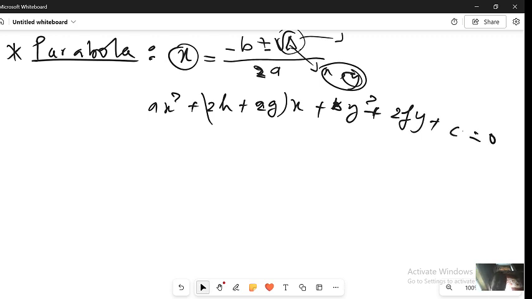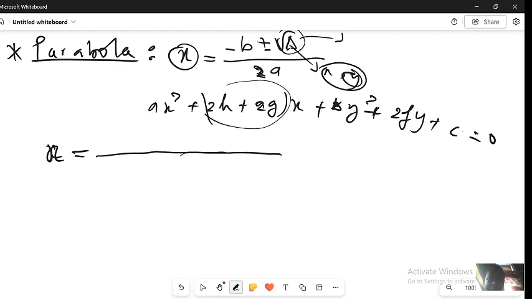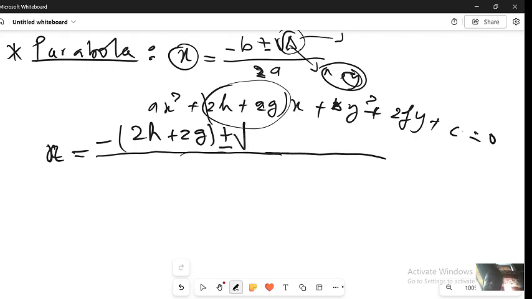Now if I want to find the value of x, it is going to be minus b, the value of minus b is this one, minus (2h plus 2g), plus or minus square root of delta, which is b square minus 4ac.